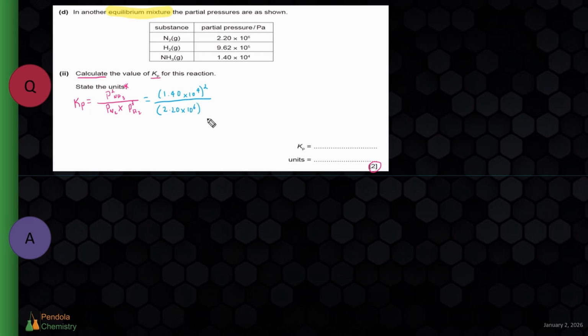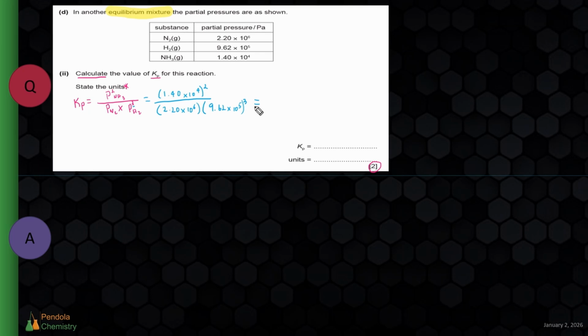And then we multiply that by the P of H2, which is 9.62 times 10 to the fifth power, but this one's to the third because of that 3 coefficient in front of hydrogen in the actual equation. So all we have to do here is put this in the calculator.